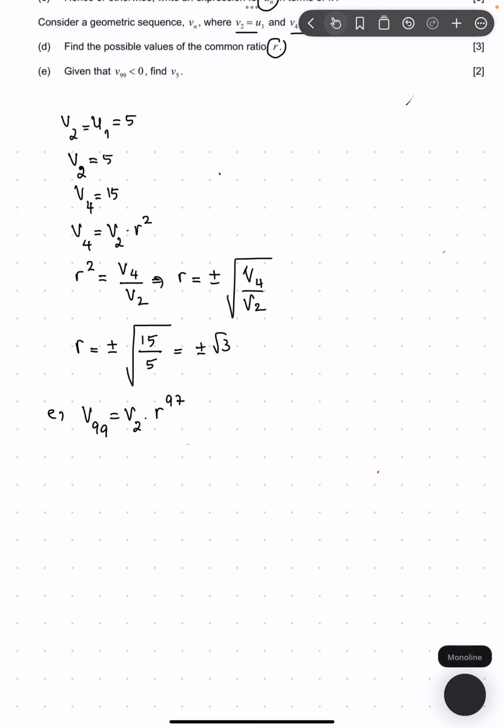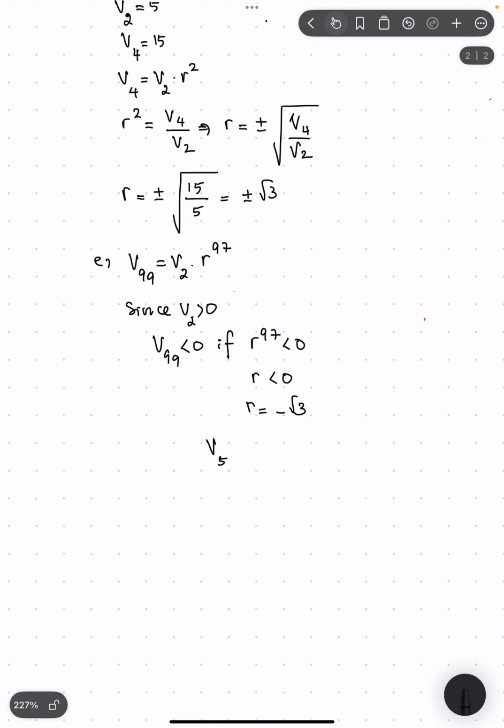Since V2 is greater than 0, V99 is less than 0 if r to the power of 97 is less than 0. So r is negative, which means r equals negative root 3. There are 2 values of r, but the one that satisfies the condition for V99 is negative root 3.